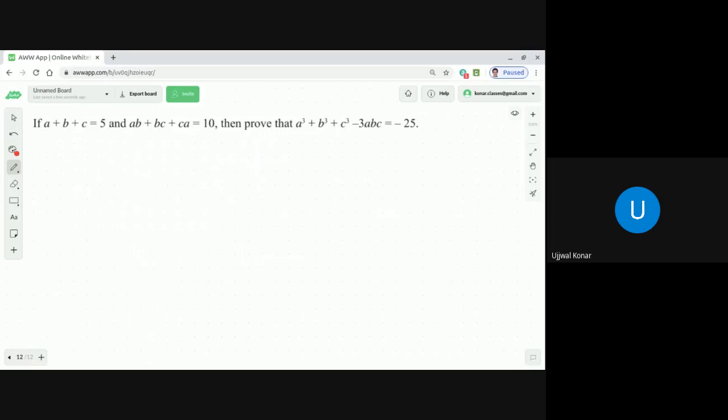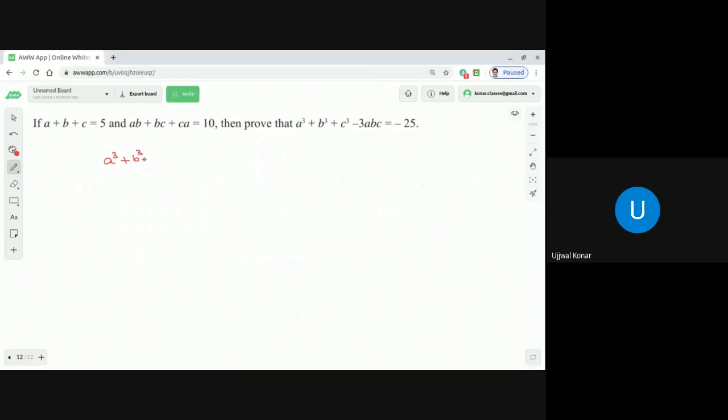So what we can do here, dear students, is recall the formula for a cube plus b cube plus c cube minus 3abc. It is a plus b plus c into a square plus b square plus c square minus ab minus bc minus ca. Fantastic. This is a very important formula and you need to remember it. So I'm just writing whatever you said.